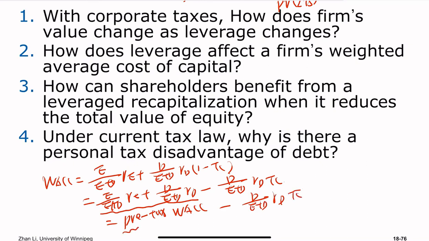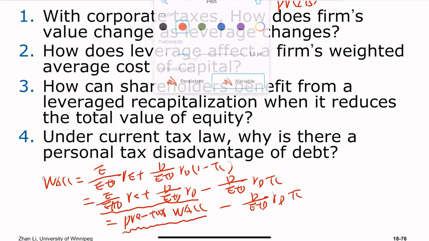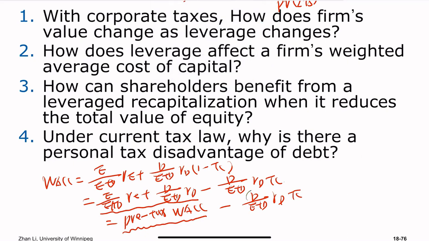So we can basically hold pre-tax WACC as a constant. And what you can see here is as you increase the amount of debt, this term will increase. So this basically means WACC will decrease. So the answer here is increasing debt will reduce the weighted average cost of capital. Of course, this would only hold if we don't consider bankruptcy cost.